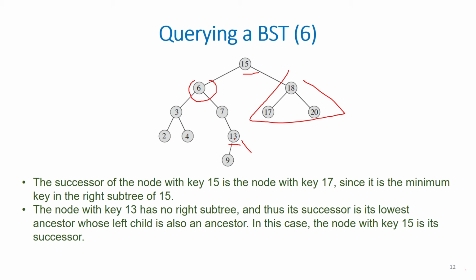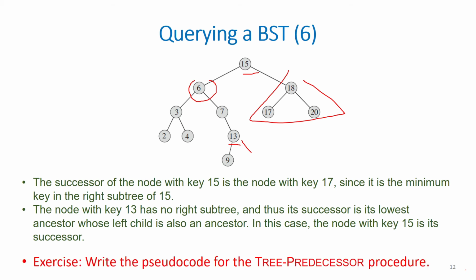Just to clarify, an ancestor of node X is any node that is the parent of X's parent node. So according to case 2, the successor of the node with key 13 would be the node carrying the value 15. As an exercise, try to write the pseudocode for the tree predecessor procedure.